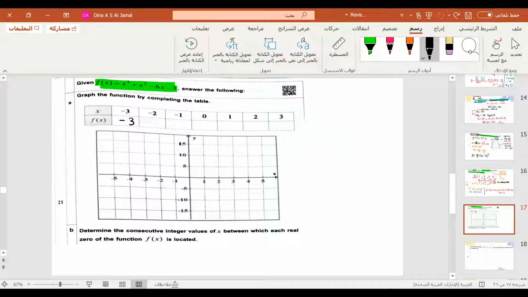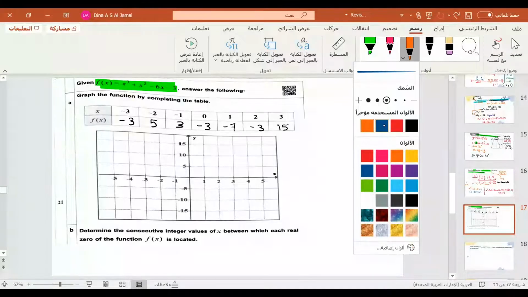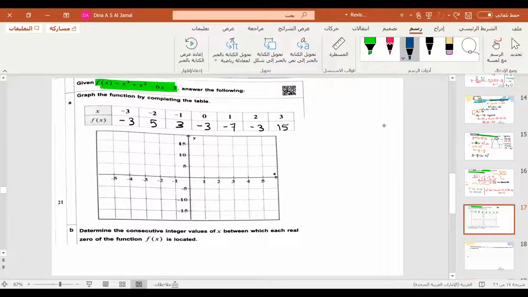Please take time to substitute. 5, 3, -3, -7, -3, and 15. So you should know how you can substitute and do this. Let's see now, how can I plot this?